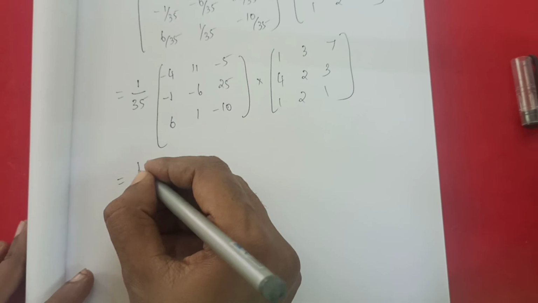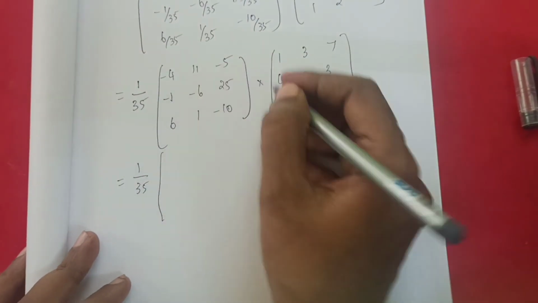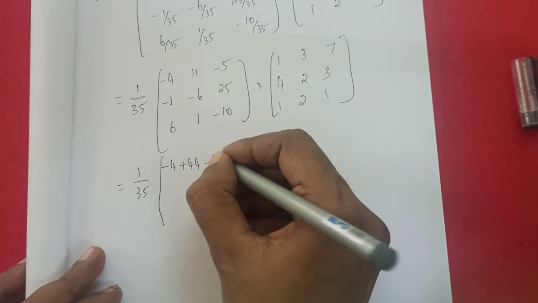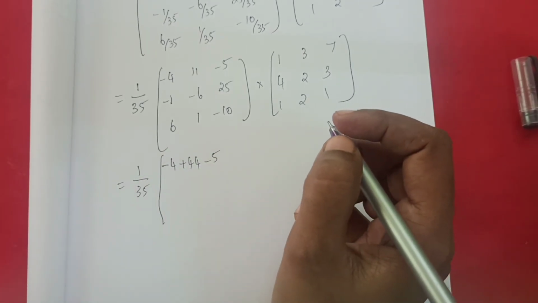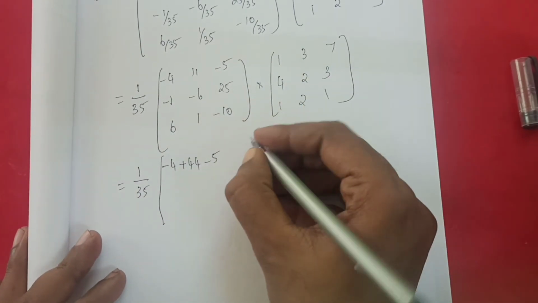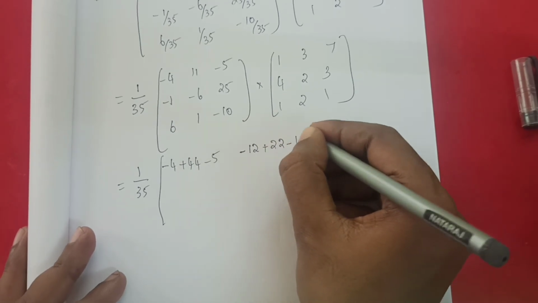Then that is equal to 1 by 35 into, shall we do it directly? Row with column. Minus 4 plus 44 minus 5. I am doing it simply, because we have already done many problems. First row with second column: minus 12 plus 22 minus 10.